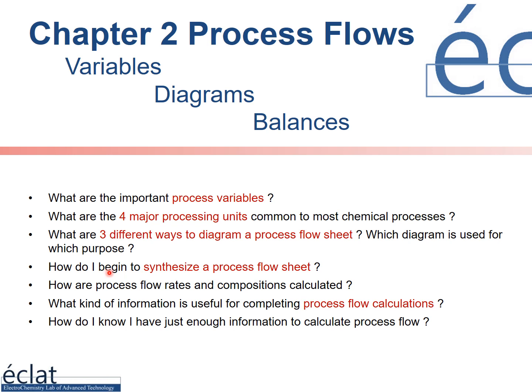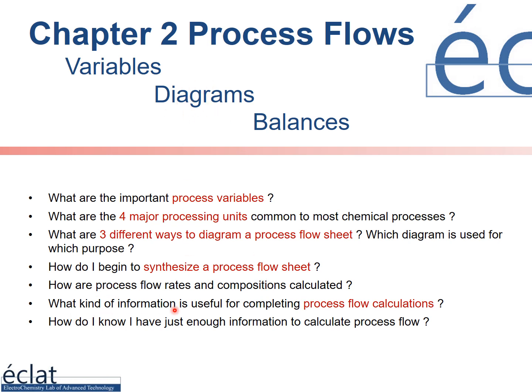How do I begin to synthesize a process flow sheet? How are process flow rates and compositions calculated? By using balance equations, you could calculate something, and flow rate and compositions are used to describe processes in diagrams.